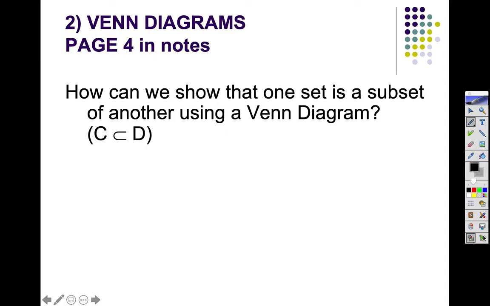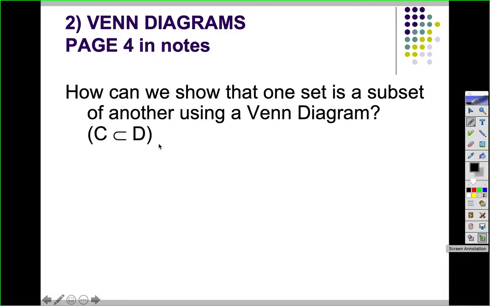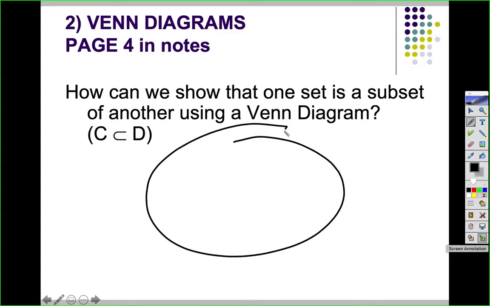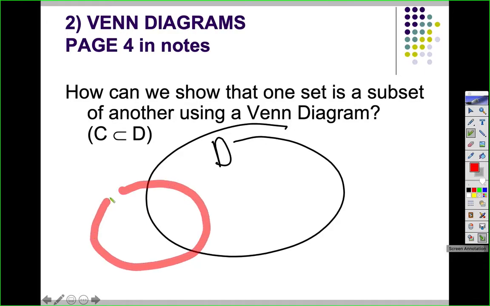So we need to think of a way, with circles, so that everything that's in C is in D. Let's start with D, because D is a bigger set. So this will be our set D. Let's think of some options. Option 1 would be maybe subset C is like this, right? That's what we're used to.